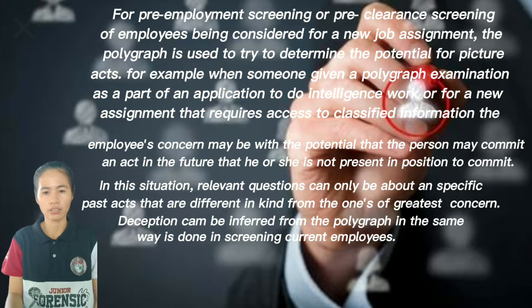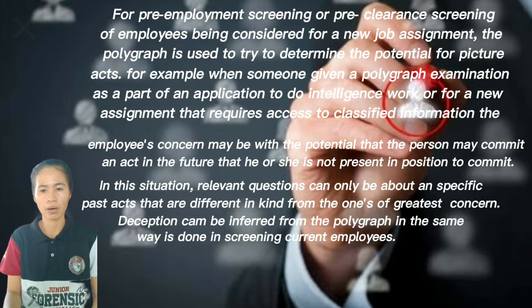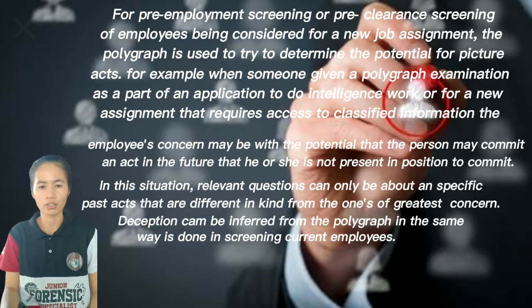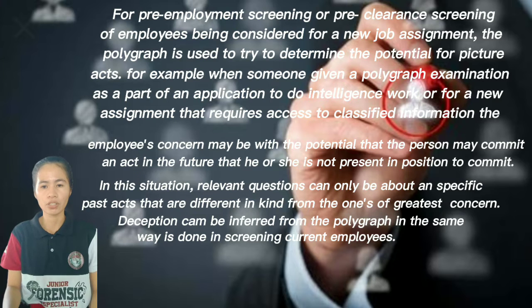In this situation, relevant questions can only be about specific past acts that are different in kind from the act of greatest concern. Deception can be inferred from the polygraph in the same way as is done in screening current employees.